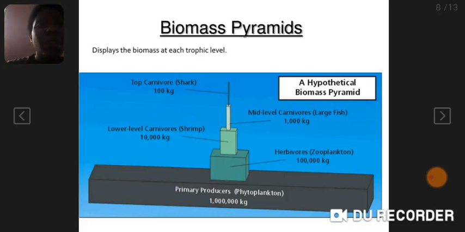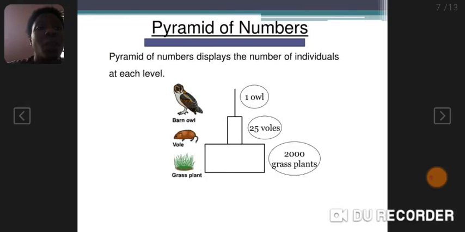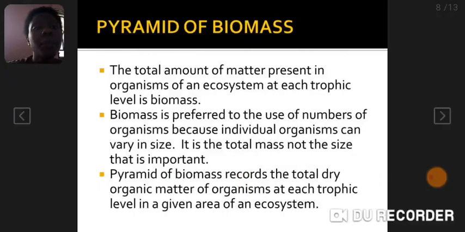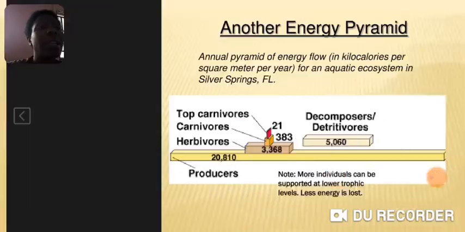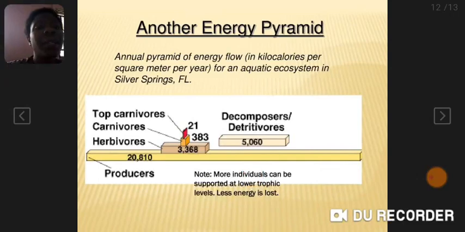And the same thing also applies to the pyramid of numbers. From one trophic level to the next trophic level along the food chain in the pyramid of numbers, you discover that the number of organisms are also decreasing. So take note, it's a basic fact. Take note of that fact. Alright, so the same thing applies.